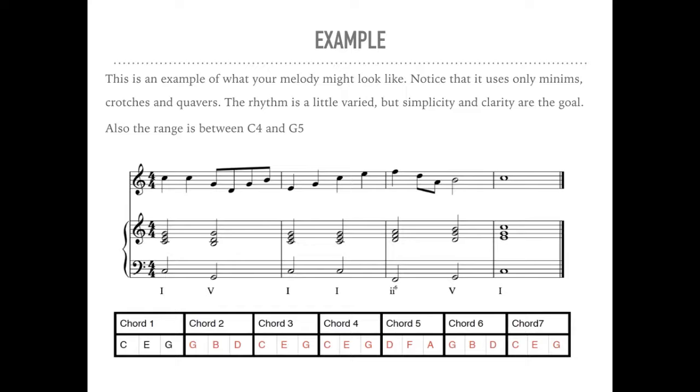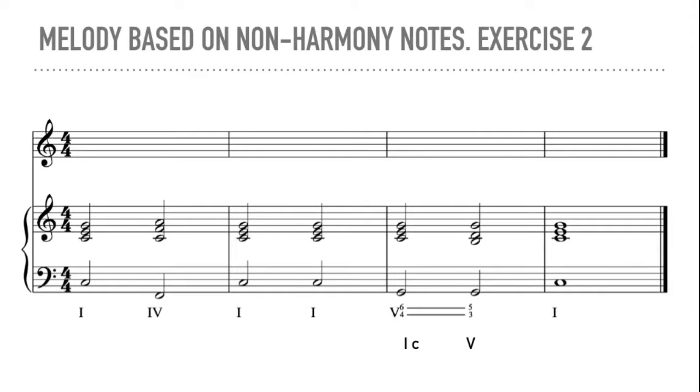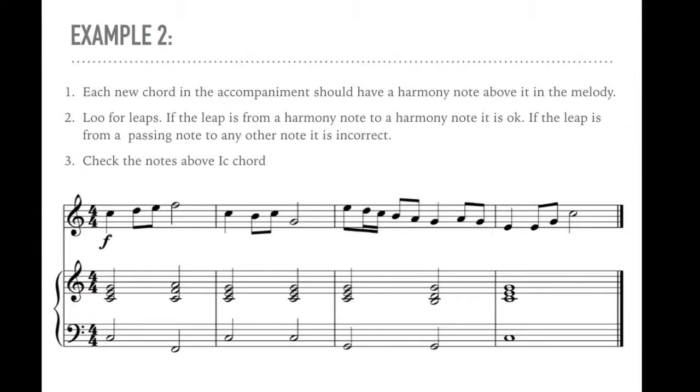This is your basement. Next one, when you do exercise 2, this time you need to add non-harmony notes. You can add passing notes or auxiliary notes, upper or lower auxiliary notes, or you can also add appoggiaturas or suspensions. Play with it, see what you can do. This is an example of how I did it.